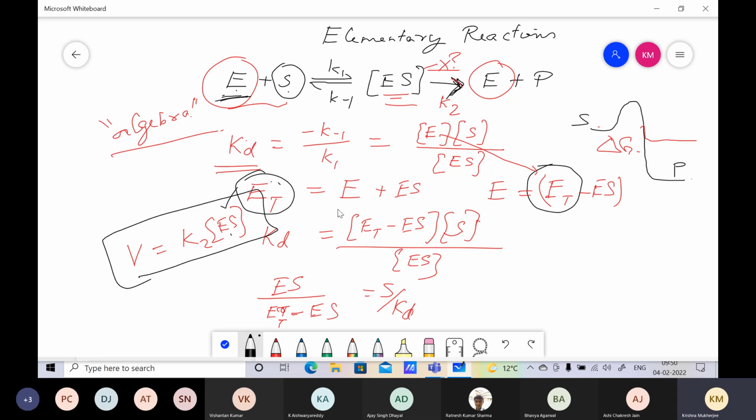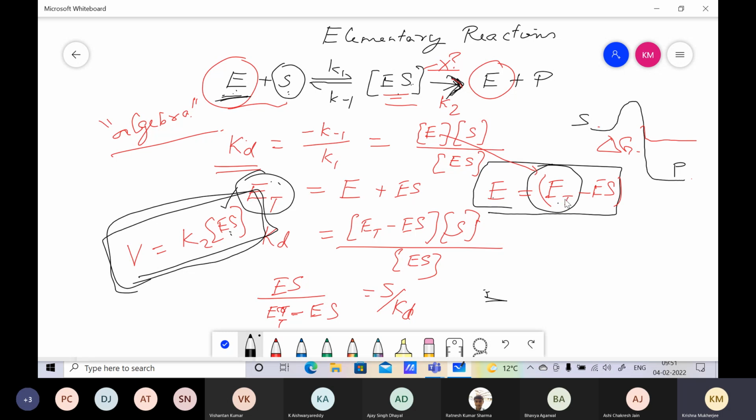Right? So really, I have a very simple formulation now: my rate of reaction is K2 into ES, and ES is given by this expression here from the KD values, and this is the total expression here.